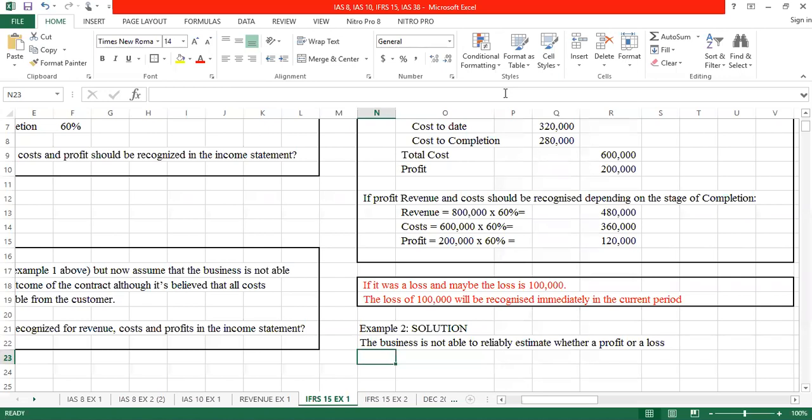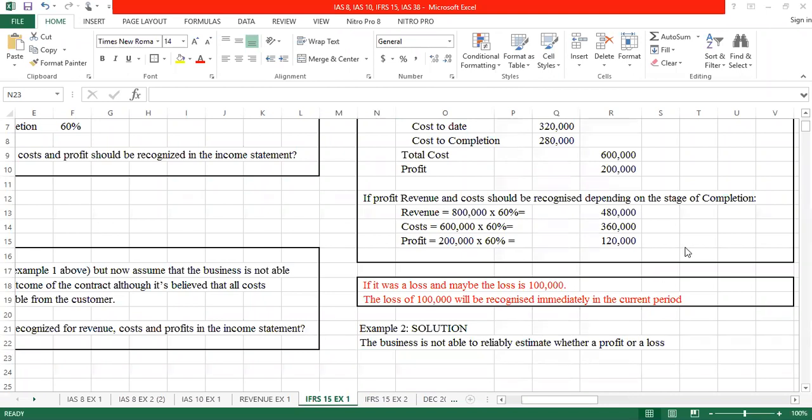Sir, there is where they mention that the cost already incurred is 320. I thought it's the one we recognize.